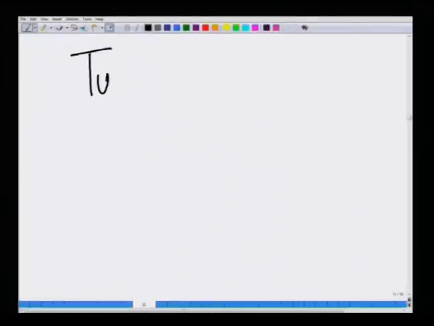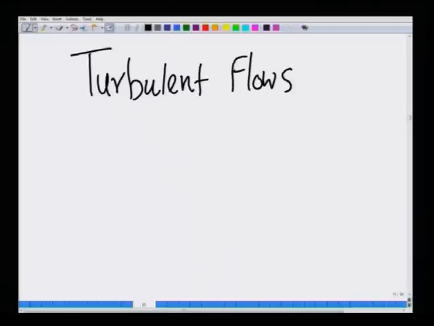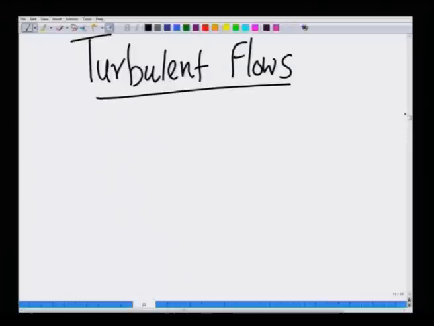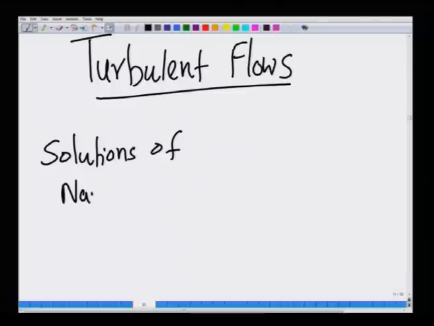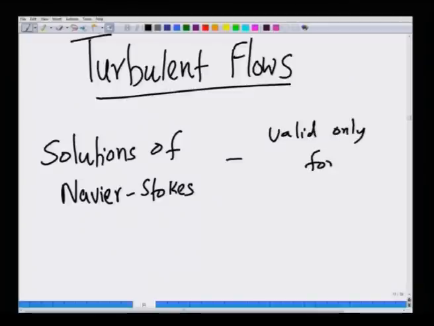Essentially, we are going to discuss turbulent flows in the remaining two or three lectures that we have in this course, and the key thing to remind ourselves is that the solutions of the Navier-Stokes equations obtained so far are valid only under laminar flow conditions.